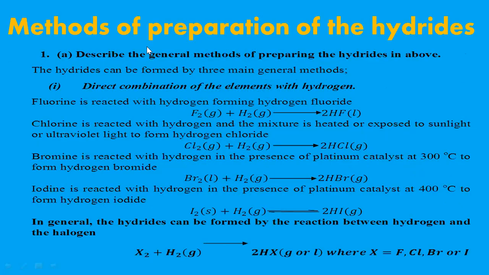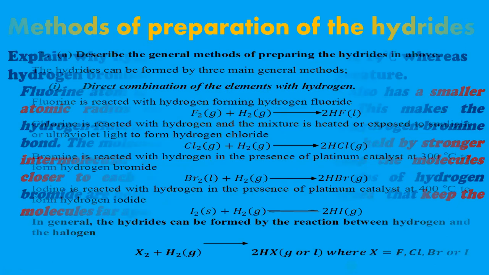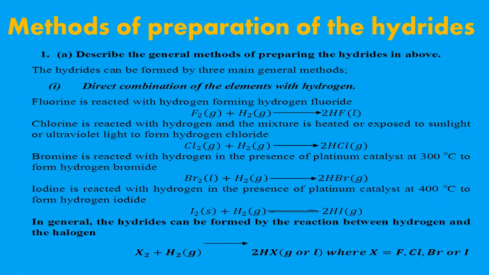Let's look at the methods of preparation of these hydrides. The first method of preparation is what we looked at under reactions of the elements with hydrogen. So fluorine is reacted with hydrogen, forming hydrogen fluoride.